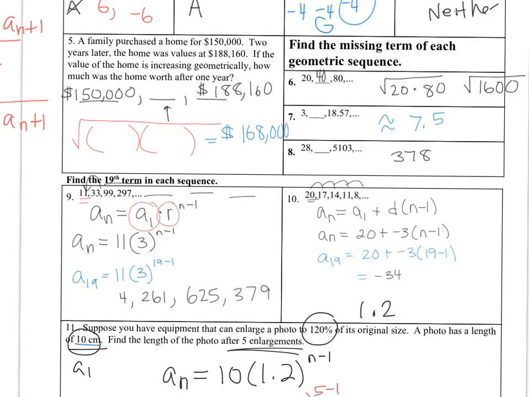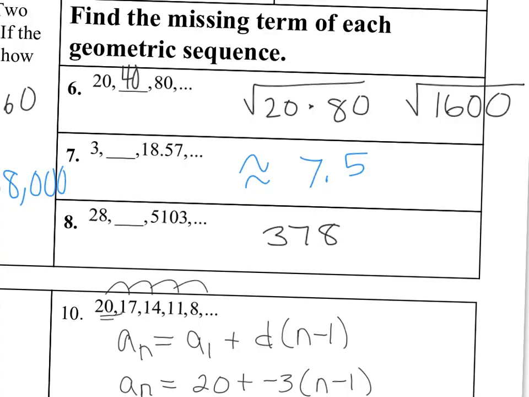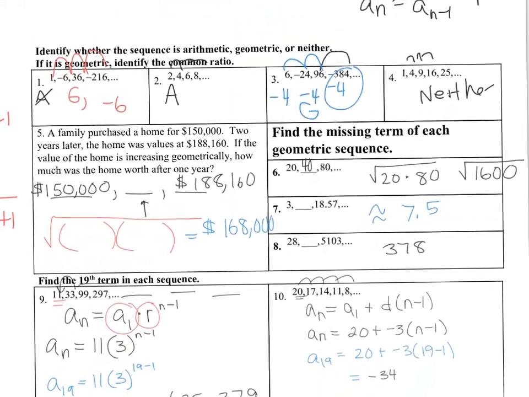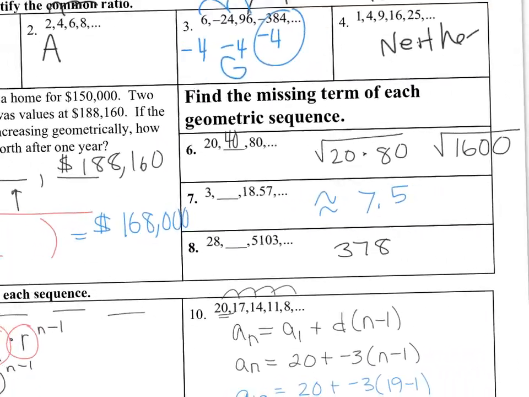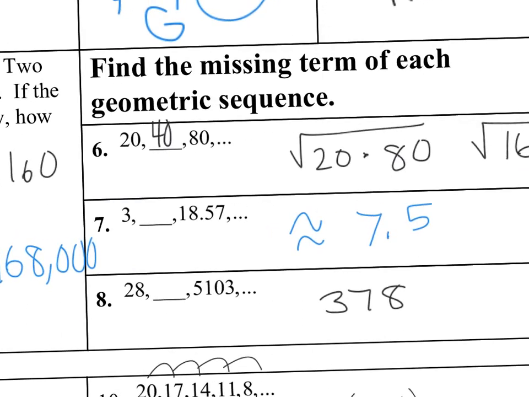Okay, I just want to add right here, I did not put that these could be negatives. So this would work for numbers 6, 7, 8. When you have a geometric sequence and you're trying to find the missing term or the geometric mean, you've got to think that the common ratio could be negative or positive. So actually this number could be negative 40 or positive 40.